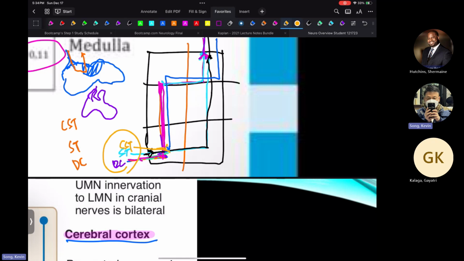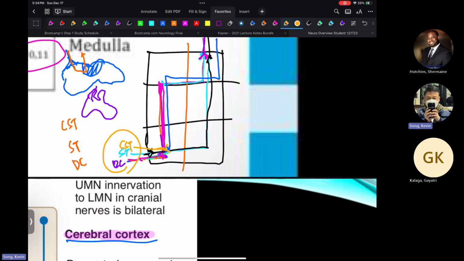Understanding this is very, very important. That's why I'm emphasizing this, repeating it over and over again. This will make your life much easier. If you understand this well, you have a very good understanding of the cortex, brainstem, and spinal cord.